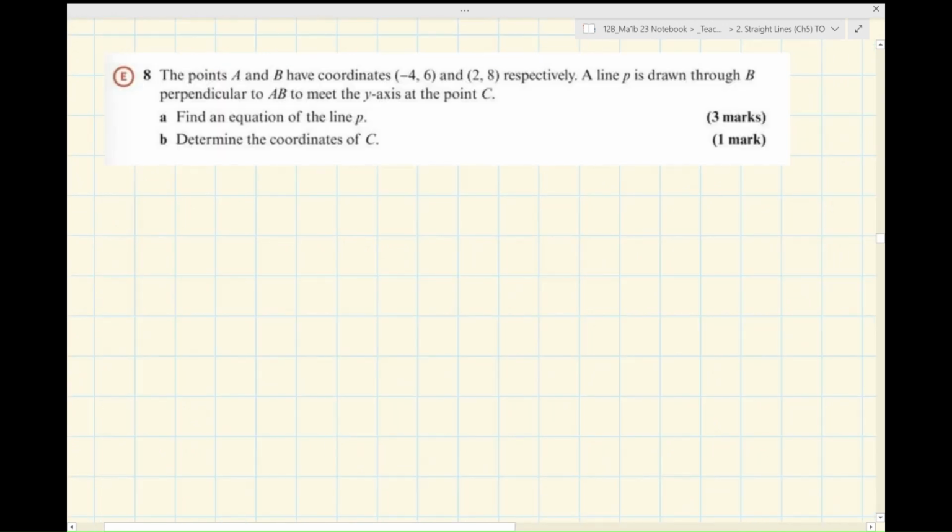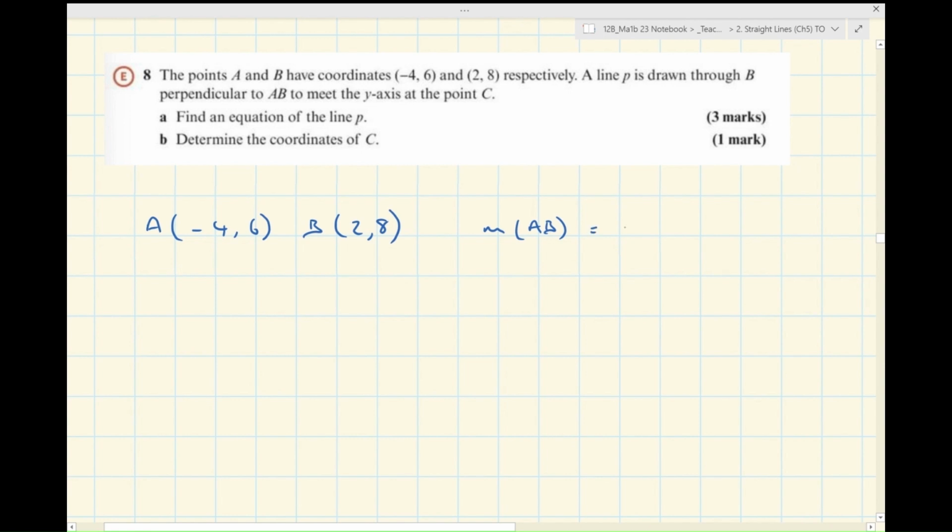Question 8. So I have the point A and the point B, and a line is drawn through B perpendicular to AB. Let's first of all find the gradient of AB.